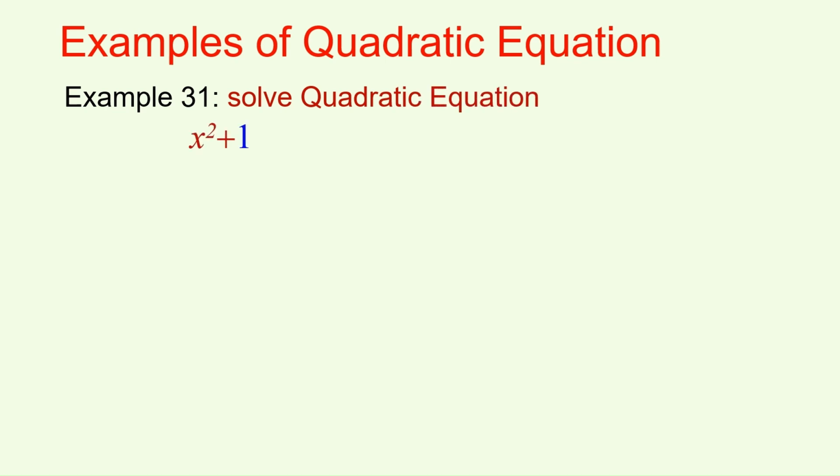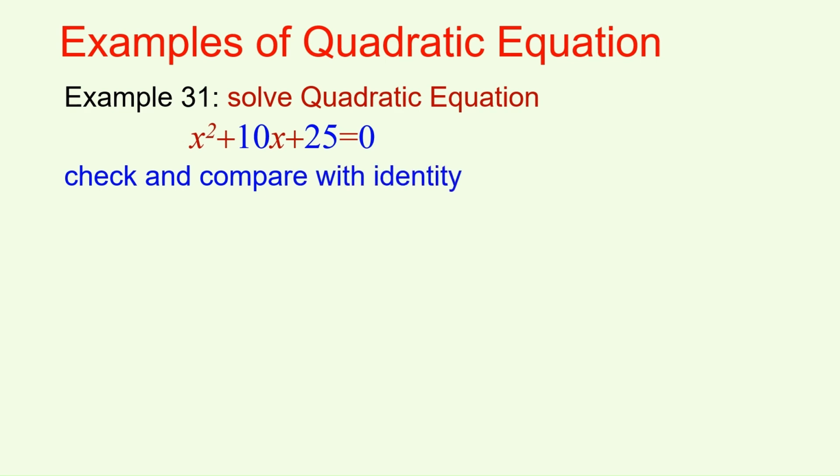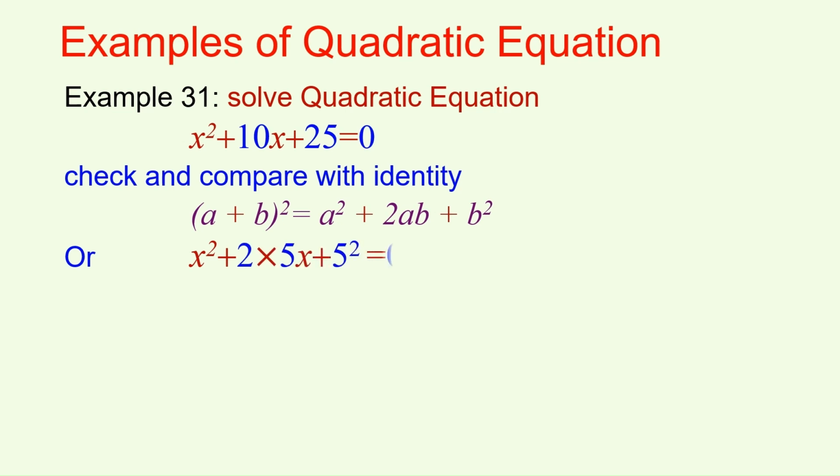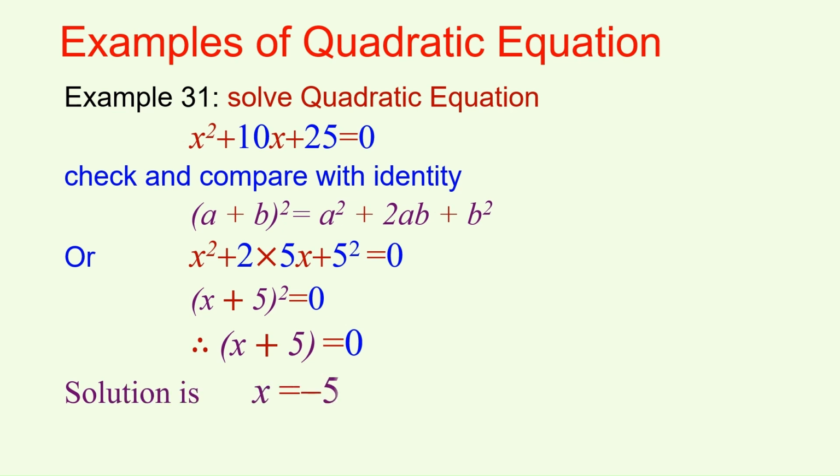Solve the quadratic equation x squared plus 10x plus 25 equals 0. Check and compare with the identity (a plus b) squared equals a squared plus 2ab plus b squared. So rewrite the equation as x squared plus 2 times 5x plus 5 squared equals 0. (x plus 5) squared equals 0. Therefore, x plus 5 equals 0. Solution is x equals minus 5.